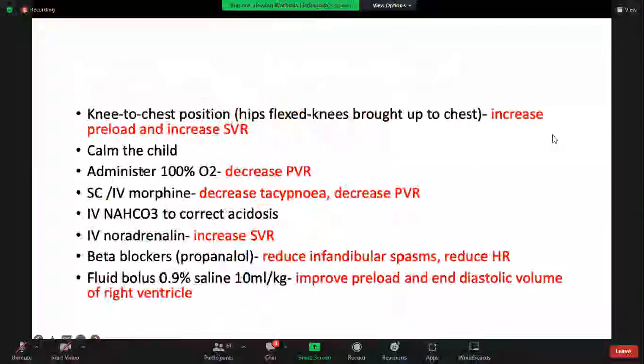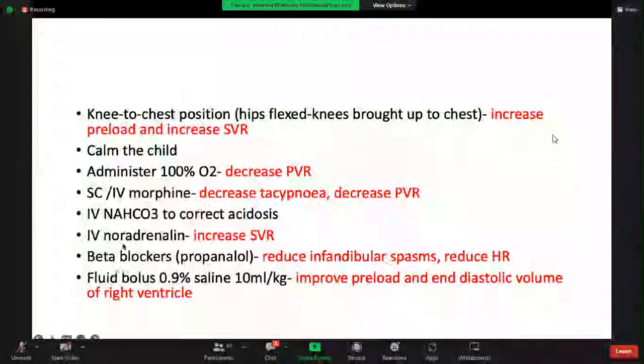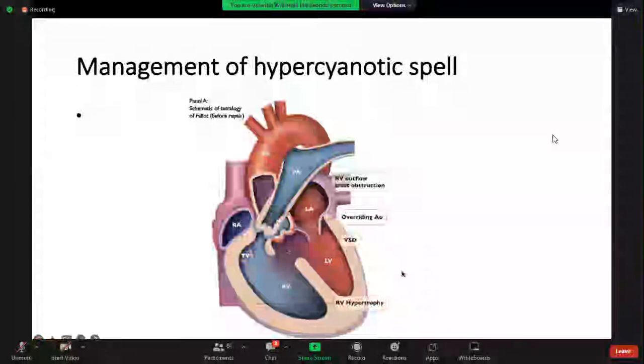Morphine will reduce your tachypnea, and again it will reduce your pulmonary vascular resistance and then reduce the shunting. And then you can use some bicarb to correct the acidosis. And you can use a vasopressor, like noradrenaline, to constrict the peripheral vasculature.